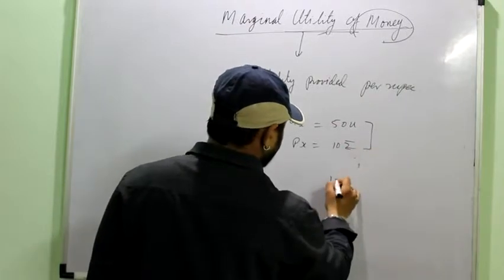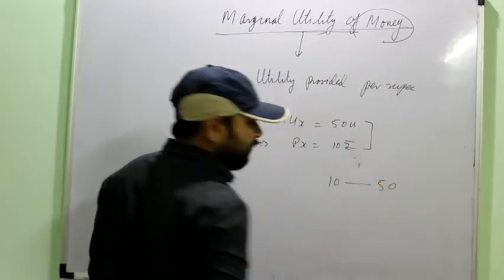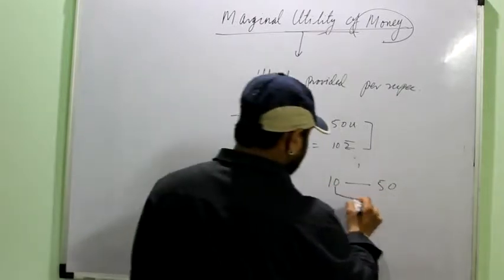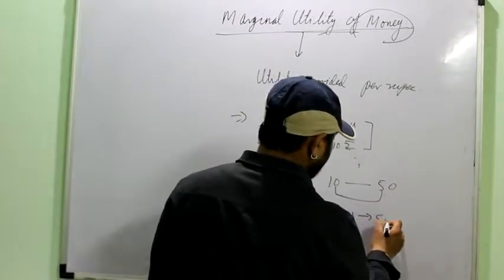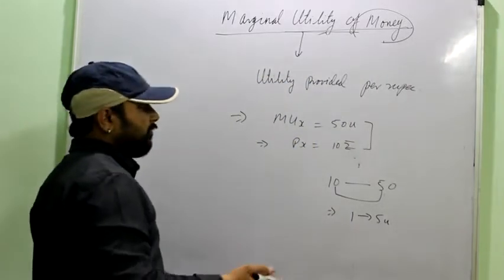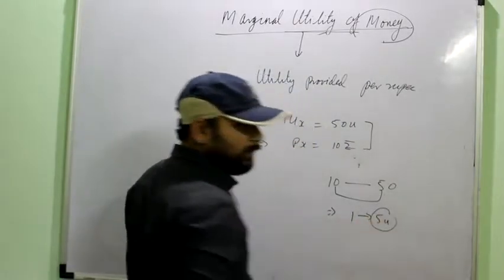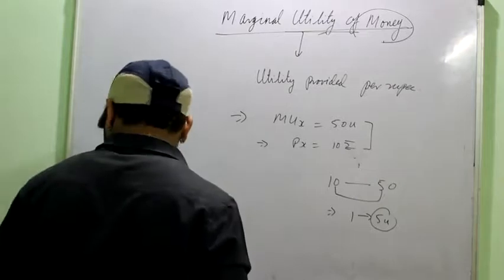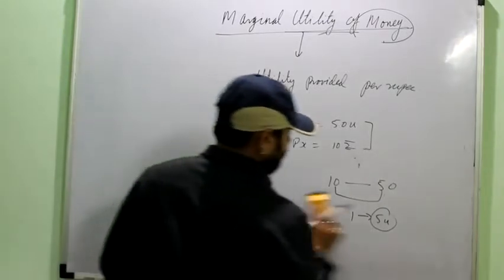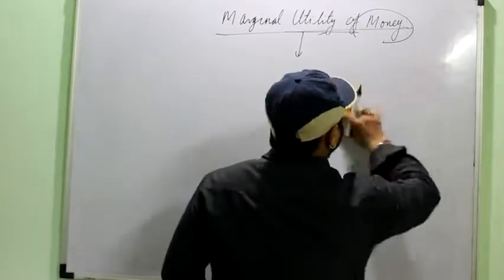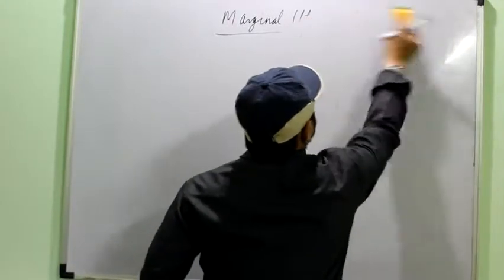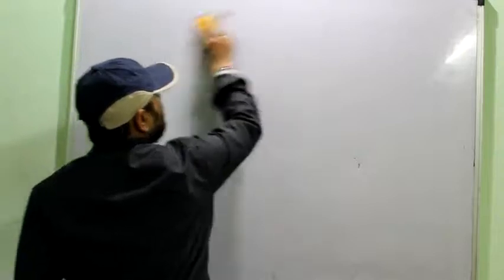So spending 10 rupees is giving you utility of 50 utils. So its marginal utility of money means that 1 rupee is giving you utility of 5 utils, or marginal utility of money is 5 utils per rupee, right? You always have to remember this particular concept, because this is very important to understand the consumer's equilibrium.